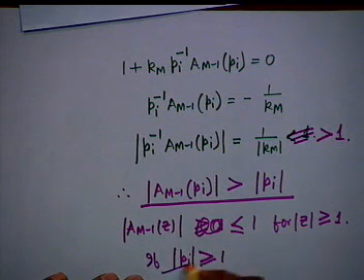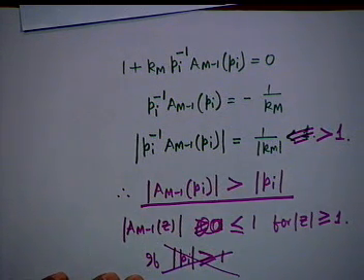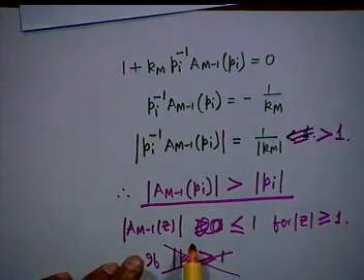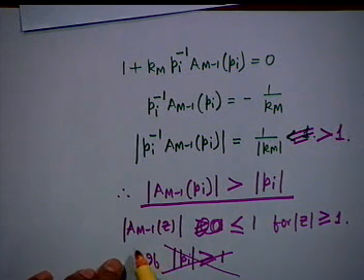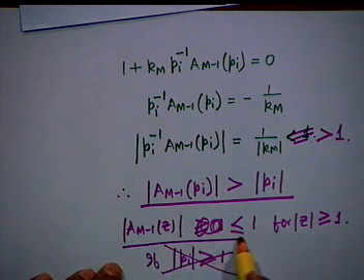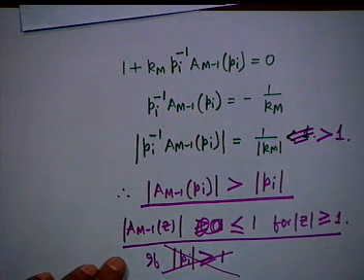Therefore, this cannot be allowed. Is that clear? The proof is by contradiction. If Am minus 1 Z is stable, then this condition must be true.